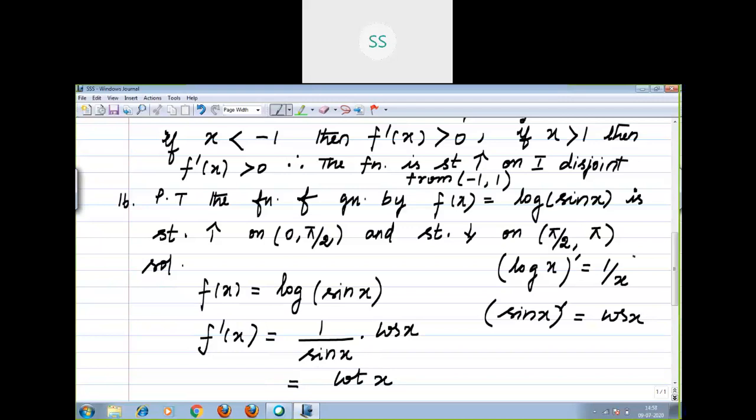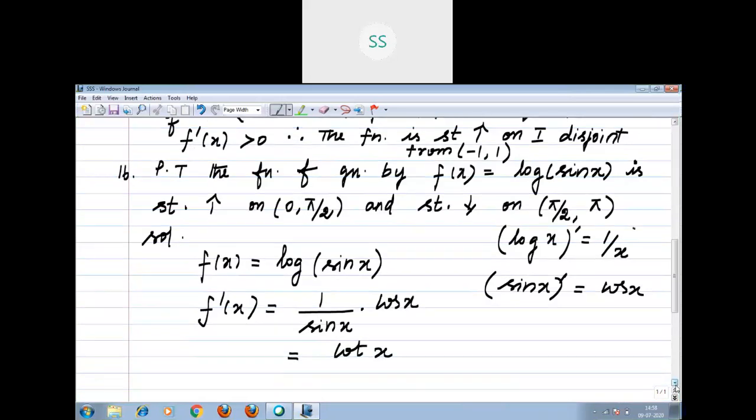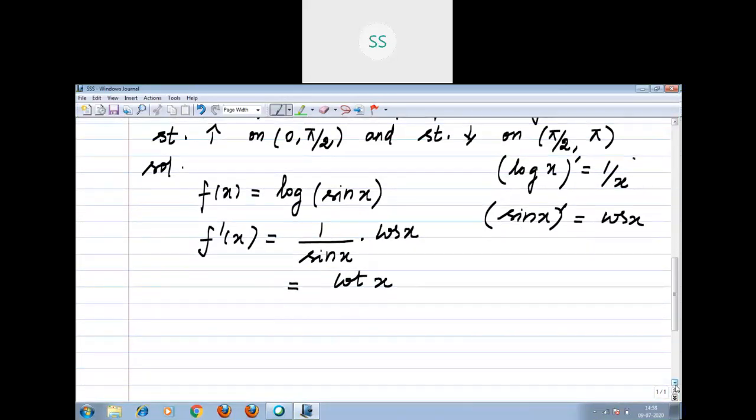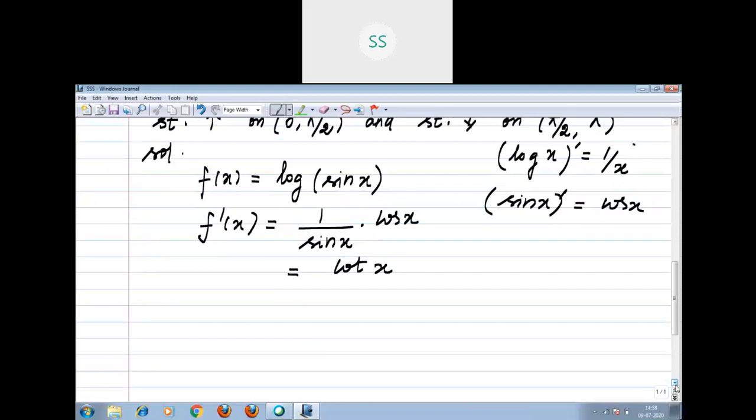Here, what is the first interval given to you? 0 to pi by 2. 0 to pi by 2 means it is the first quadrant. In the first quadrant, all the trigonometric functions are positive. Here you write cot x is in the first quadrant.